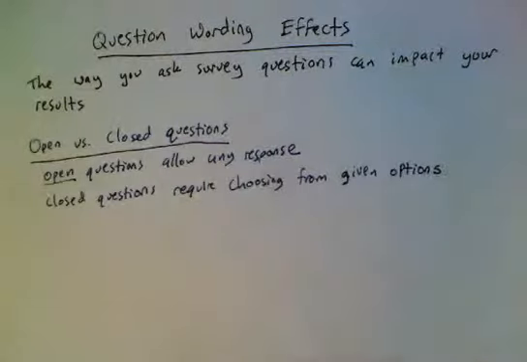The deal with this is that because there are different numbers of options to choose from, in an open question you can give any response that you want, while in a closed question you're limited to a few. Because there are a different number of options to choose from, the proportions giving each response are often different.